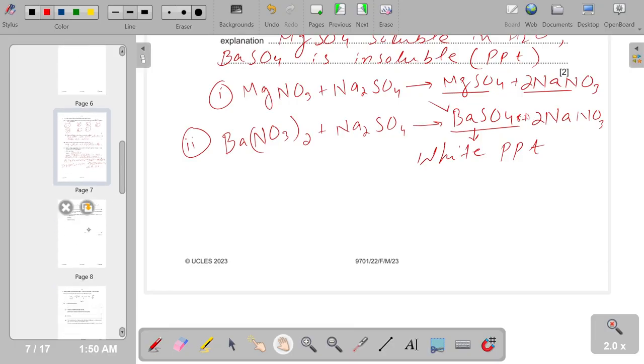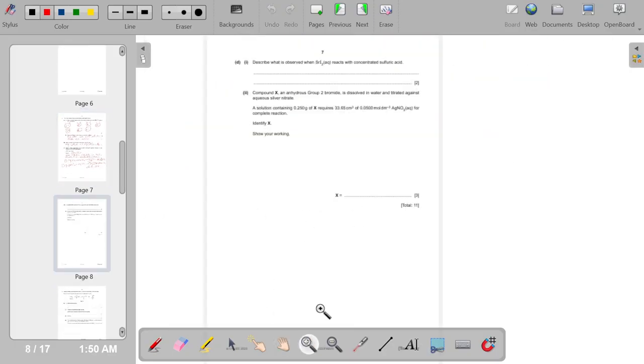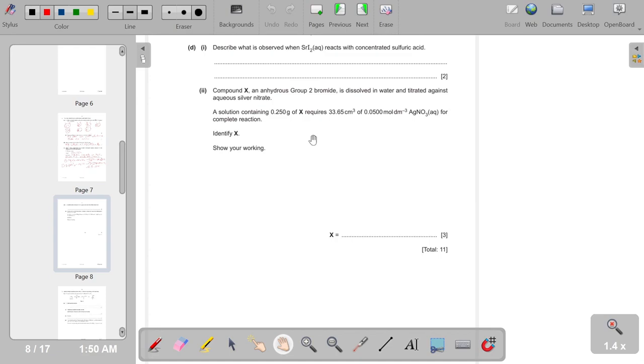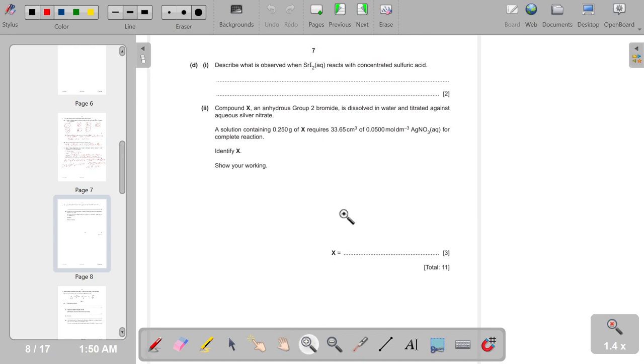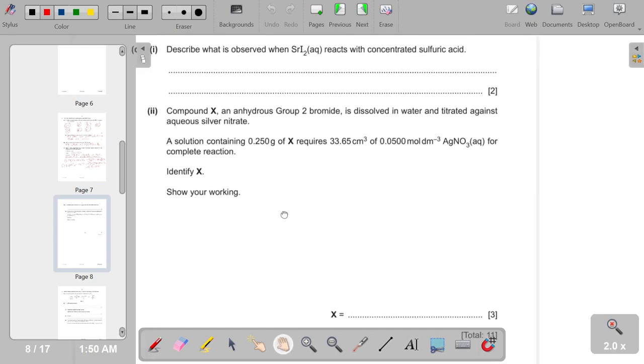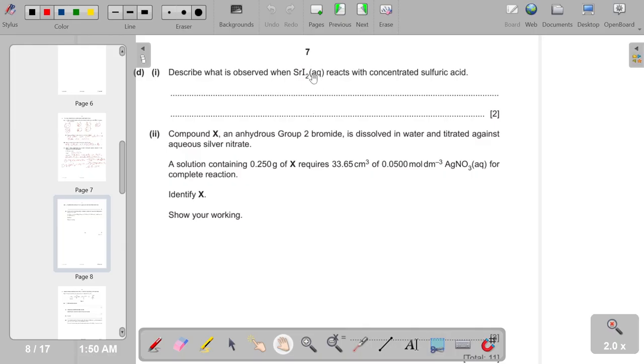Next, describe the observation when strontium iodide, SrI2, reacts with concentrated sulfuric acid. Sulfuric acid is a strong oxidizing agent.